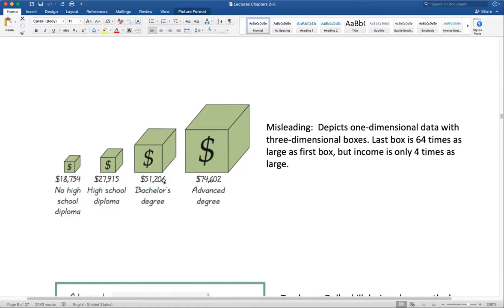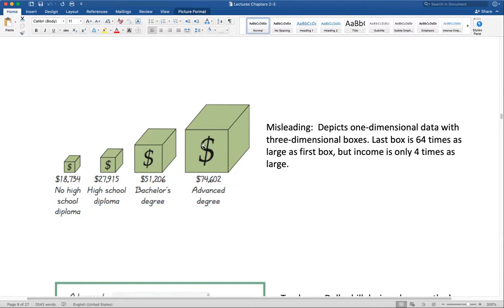But when you look at the numbers here, this is 18,734, and this is 74,602. It's just three times difference, right? This 74,602 is three times greater than the 18,734.